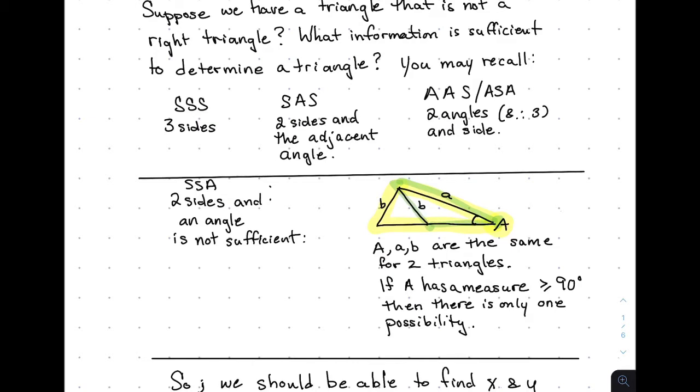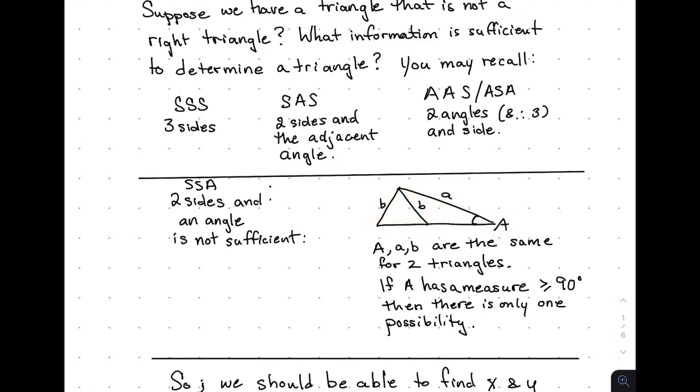If, however, the angle A is greater than 90 degrees, then there's really only one solution because the other one will not make a triangle. The sum of the interior angles of a triangle is 180 degrees, so we can only have one obtuse angle in a triangle, or one angle greater than 90 degrees in a triangle.